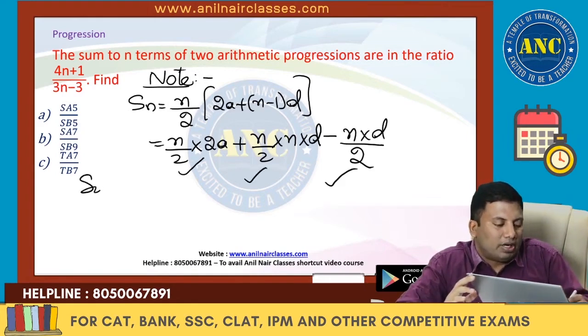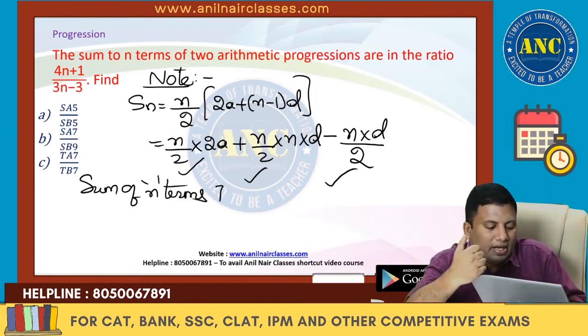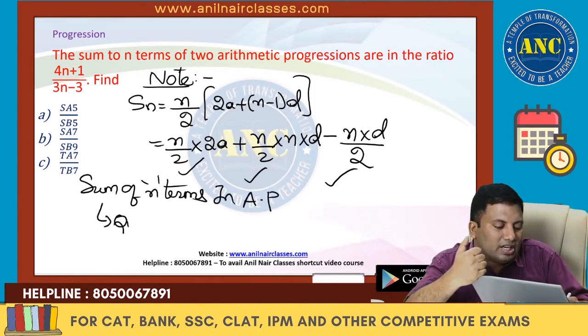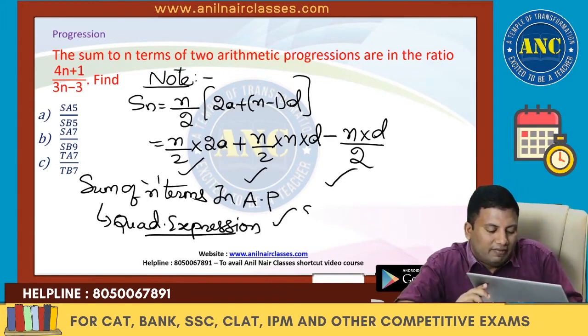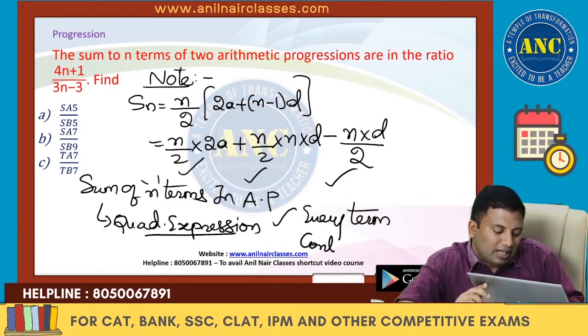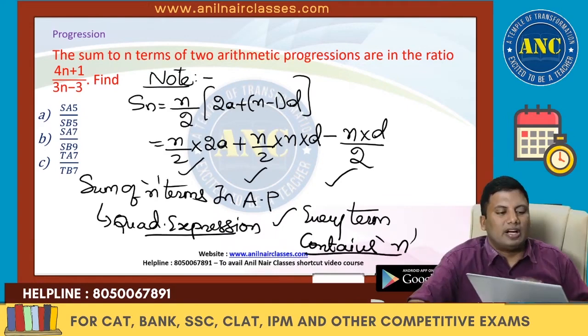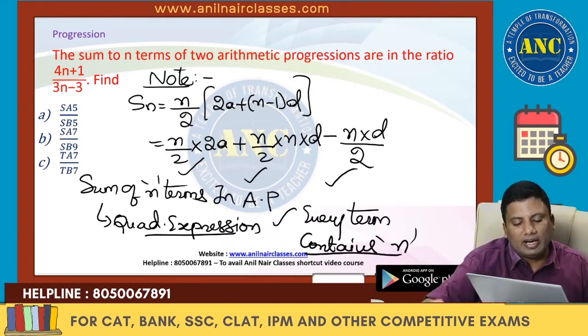So, the first important point: the sum of n terms in an AP is a quadratic expression, because the degree is 2, and every term contains n.